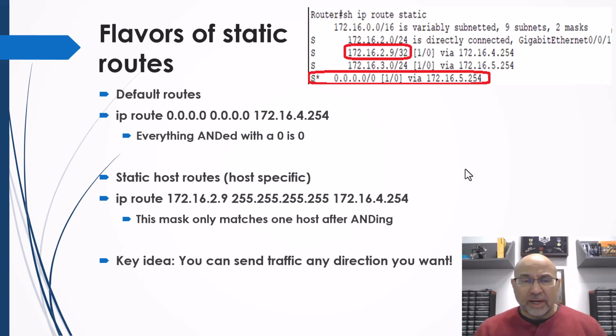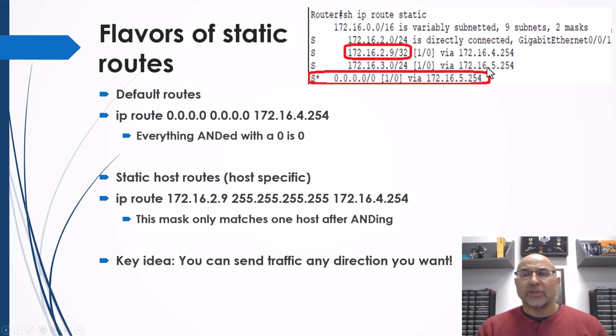The other example on this slide for static routes is host-specific or static host routes. And you can see examples of both of those up here. Now, previously, when we looked at the directly connected routes, we saw the routes for the networks, and then we saw the /32s for the router's IP addresses.